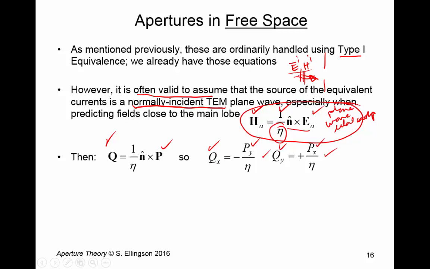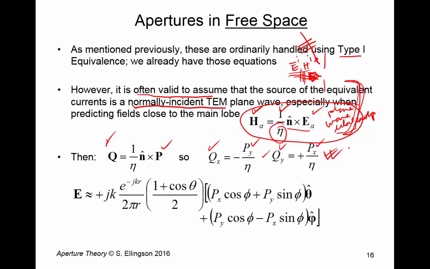Again, this falls out directly if you assume that the fields in the aperture satisfy the plane wave relationship. And by the way, I may have said before that I'm assuming that this is normally incident, but even that can be relaxed. This also works if you have a plane wave, but it's arriving from an oblique direction. So just to be clear.